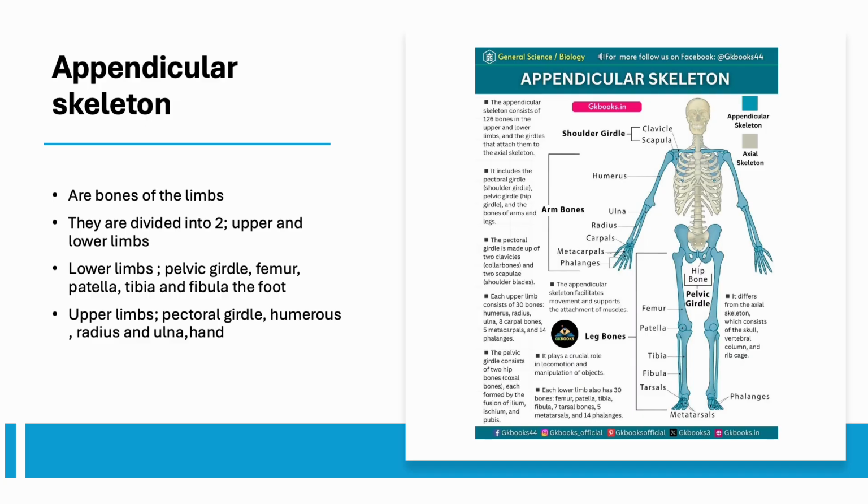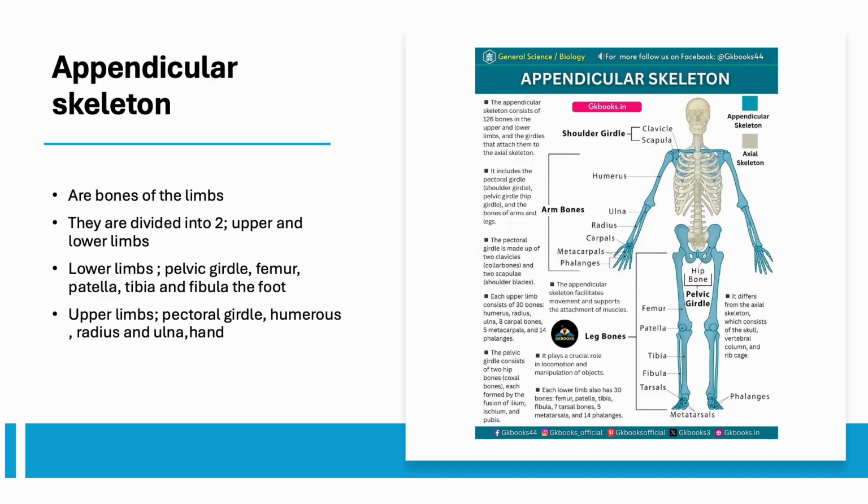And as you can see here, the shoulder girdle has the clavicle, scapula, humerus, ulna. It also has radius and carpals, metacarpals, phalanges.